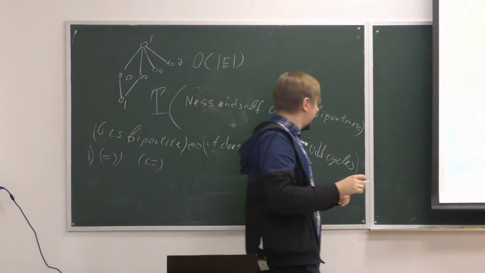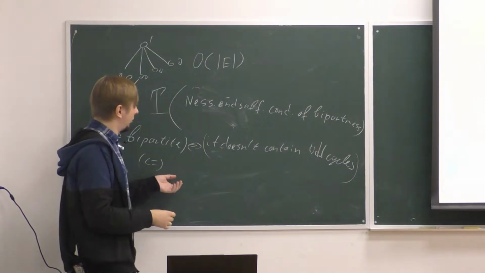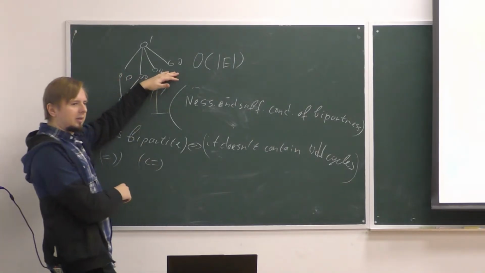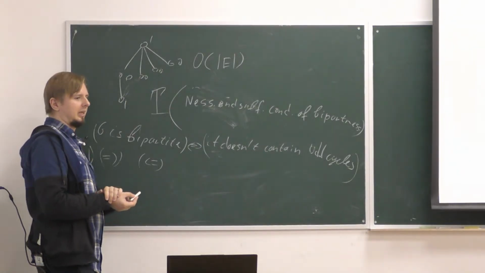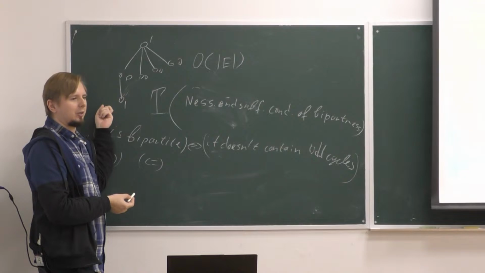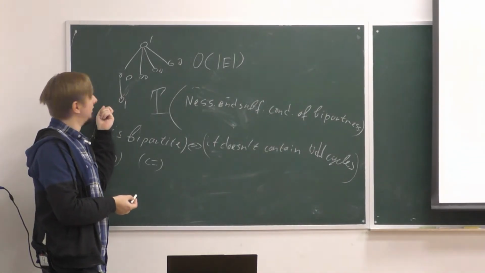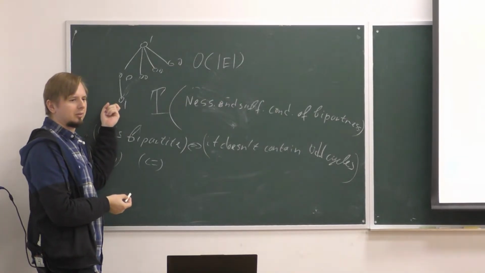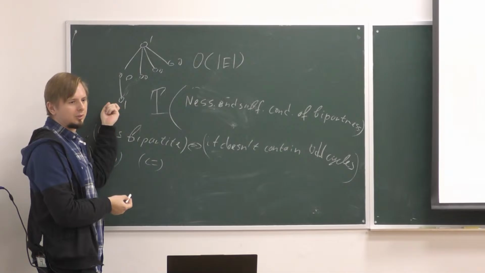Yes, you mean that just by definition. But we can, for example, do it so: if you have a spanning tree like this one, let's add new edges that are not in the spanning tree, and prove very easily that this edge will connect vertices from different groups. Why?